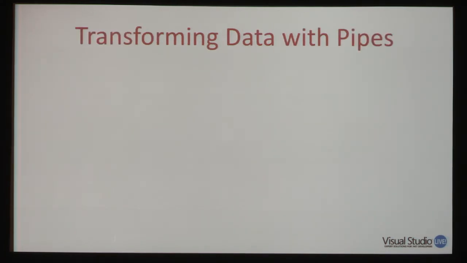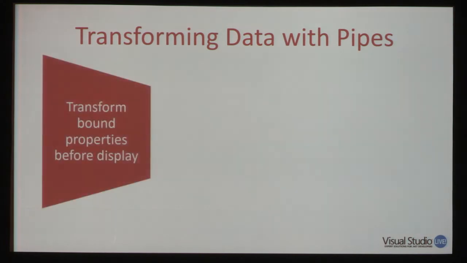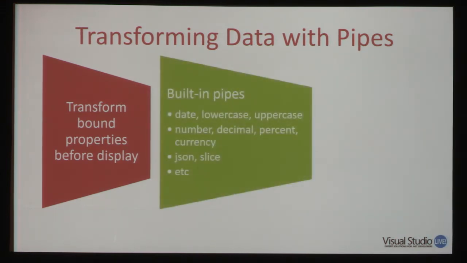We can also transform data, because sometimes the data that we get back from the server isn't exactly how we want it. So we can transform data with pipes. And again, those familiar with Angular 1, this is a replacement for filters. So you can transform any bound properties before you actually display them. There are a bunch of built-in pipes. You can format a date. You can format to lowercase, uppercase, number, decimal, percent, currency, and so on.